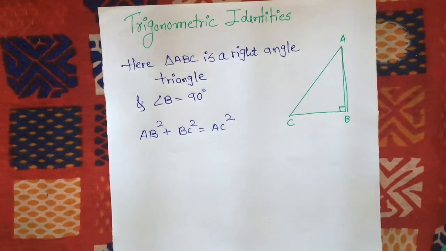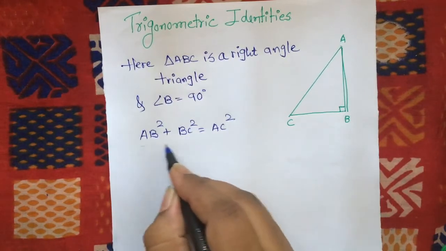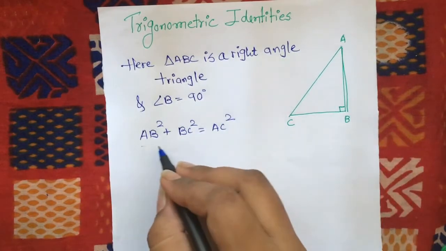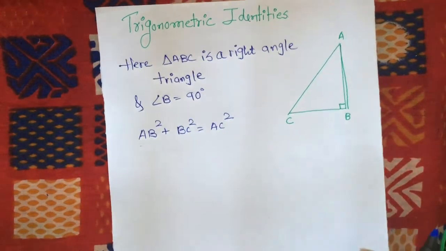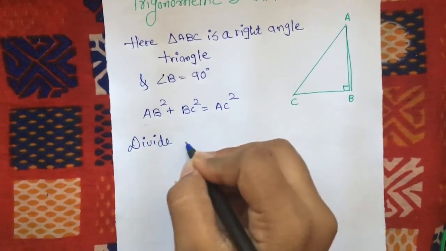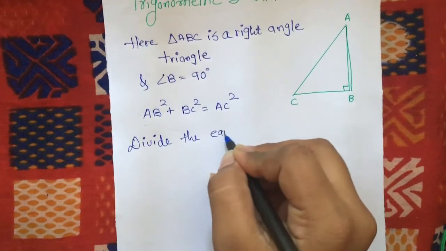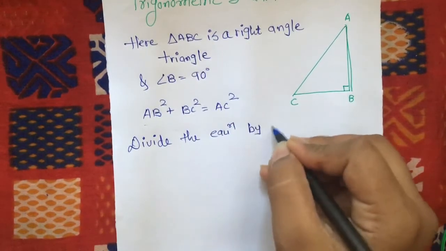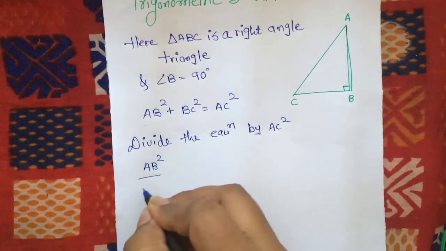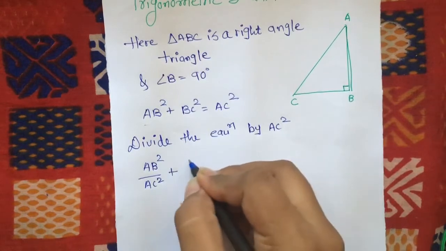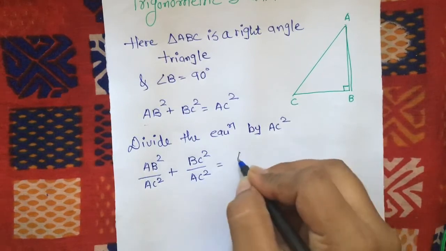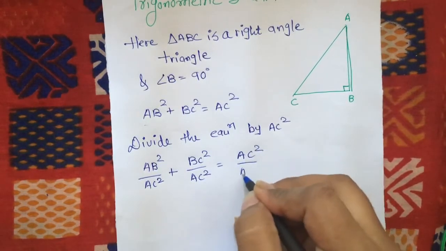Now this is the Pythagoras formula, and if we divide this whole equation by AC square, what we have is AB square upon AC square plus BC square upon AC square is equal to AC square upon AC square.